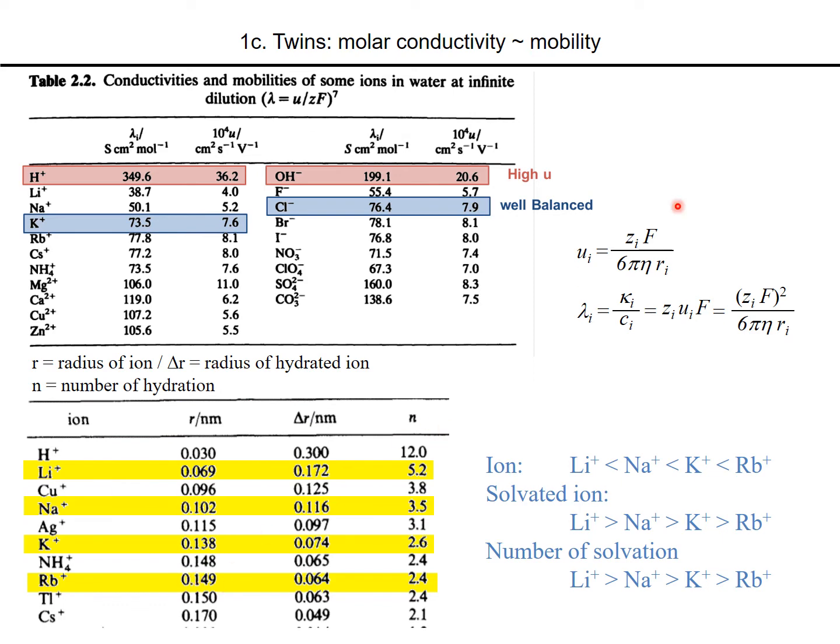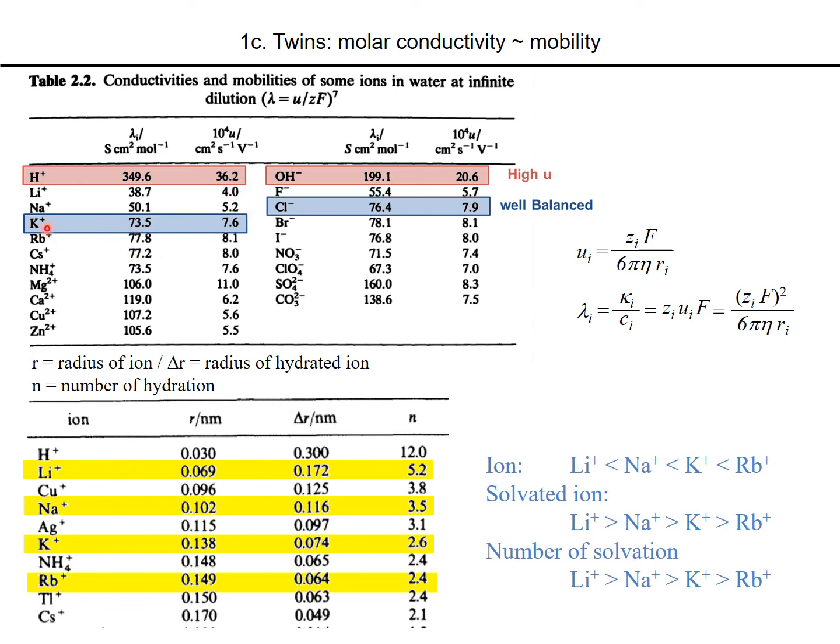So this Ri, the radius of species i, is the size of the solvated ion instead of just the pure ion. Then you could understand why the Rb plus mobility is larger than the mobility of lithium plus. One more thing.